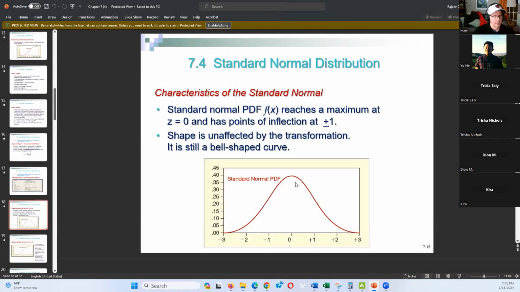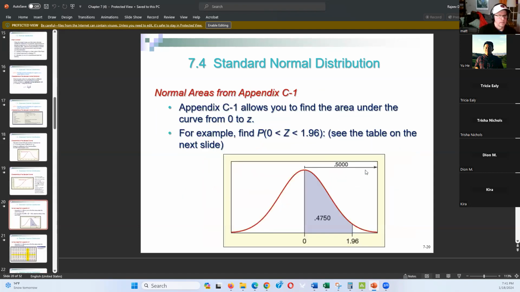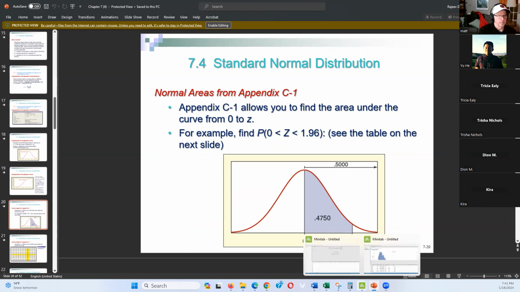Now, like I said, 0 is the mean, then minus 1, minus 2, minus 3, and plus 1, 2, plus 3. Now the question comes here: what is the area between in the standard normal distribution? This is very easy.